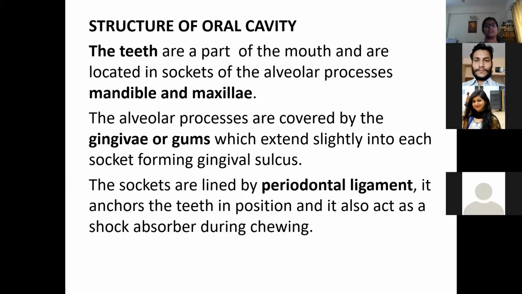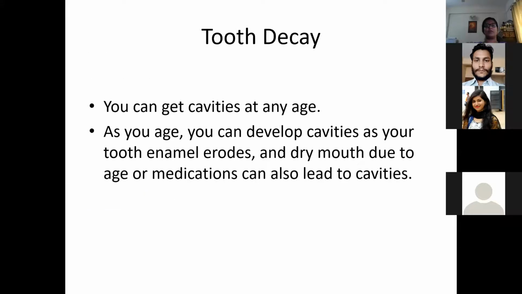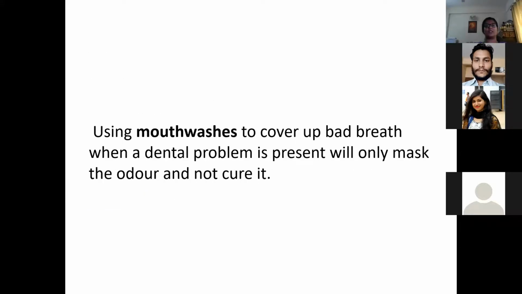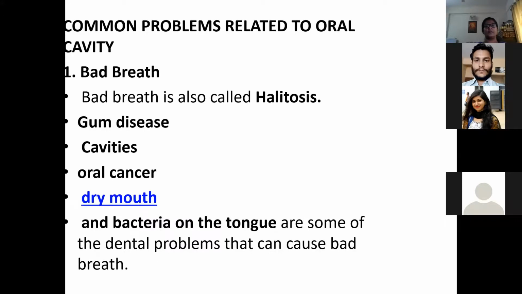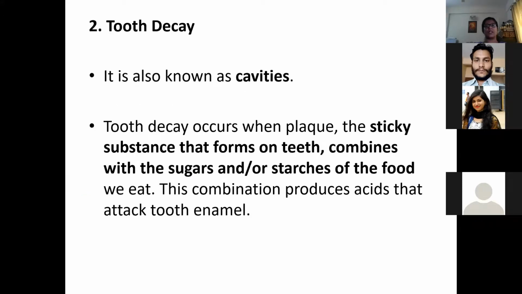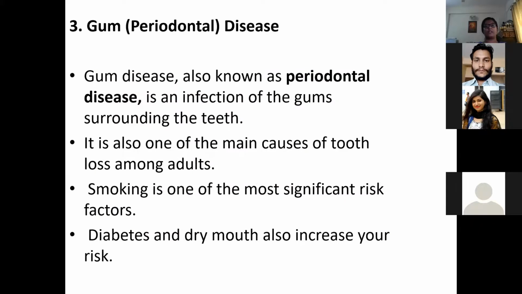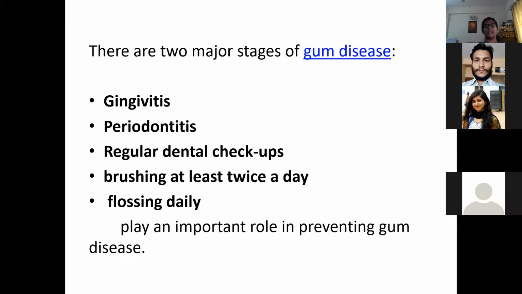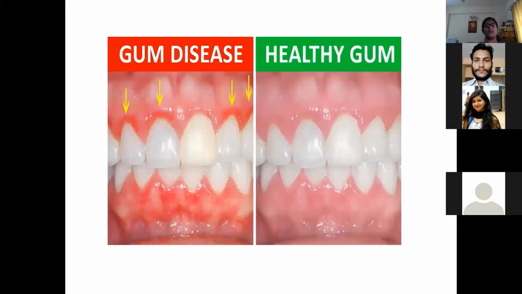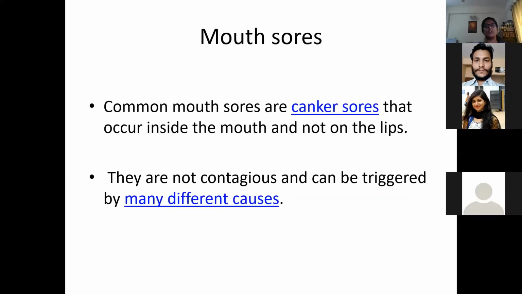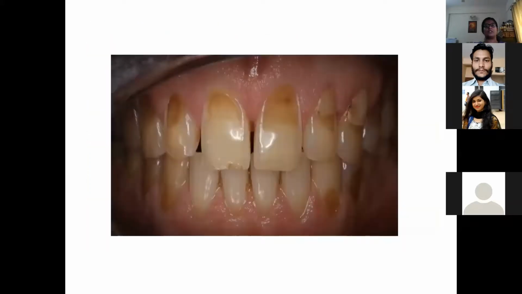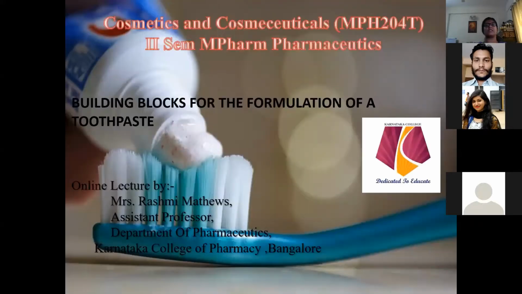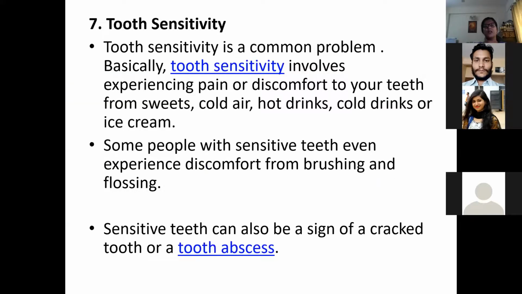We also discussed the structure of the oral cavity and problems like halitosis or bad breath, cavities or tooth decay, gum disease, which is also called periodontal disease, which may be either gingivitis or, in another stage, periodontitis, oral cancer, mouth sores, tooth erosion, and tooth sensitivity. These are some of the problems related to the oral cavity.